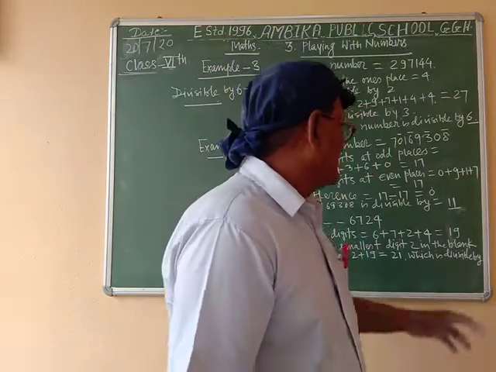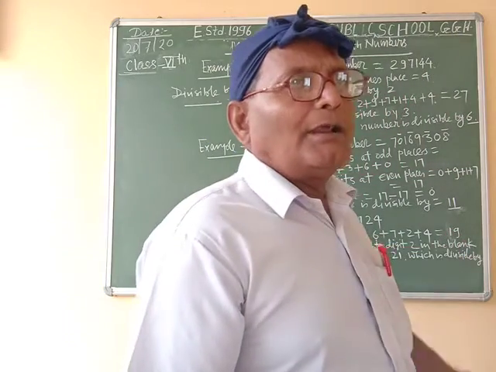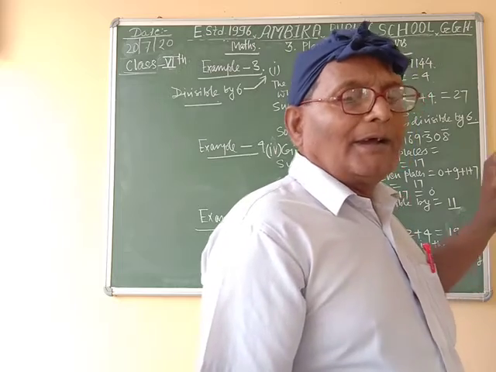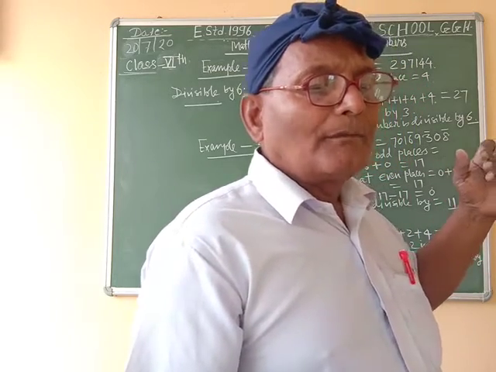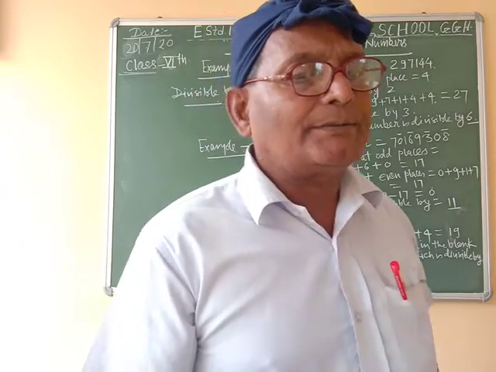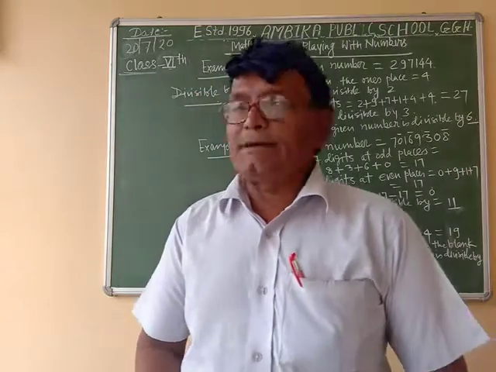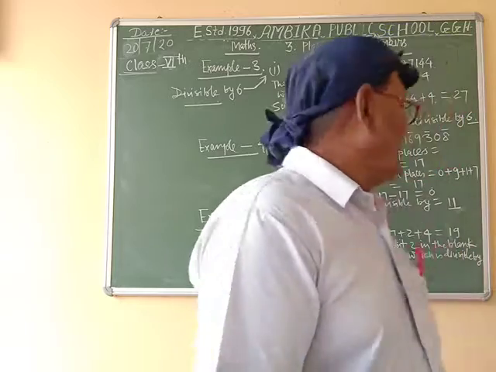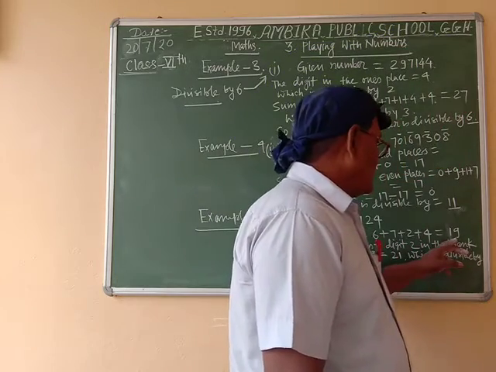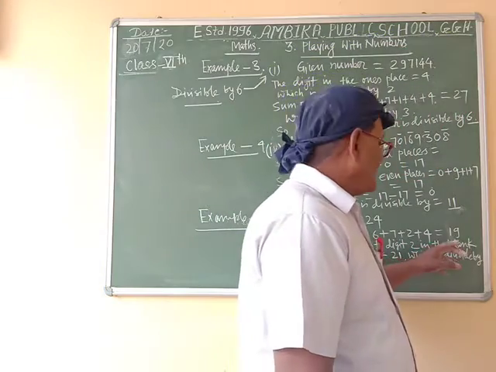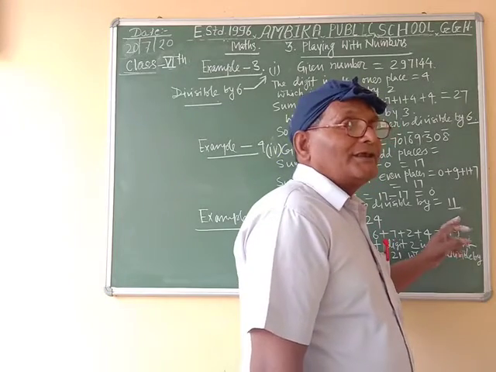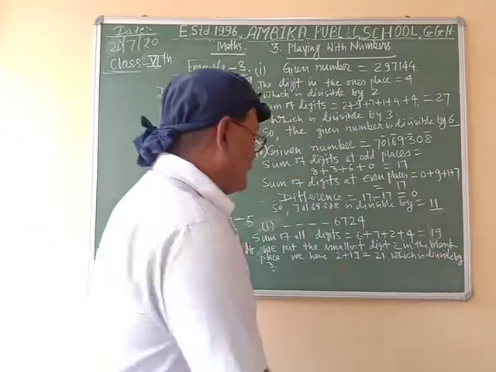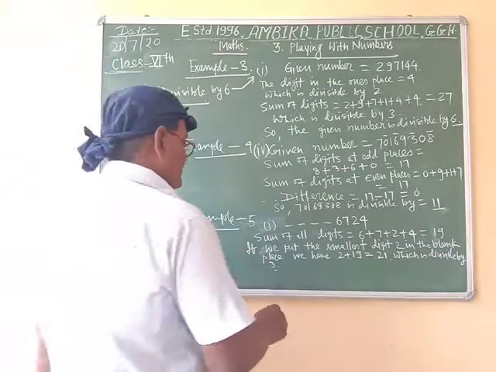Also in 19, if we add 8, the greatest digit, because we have to find the smallest digit and the largest digit, we have 27, which is divisible by 3. So the whole number is divisible by 3.